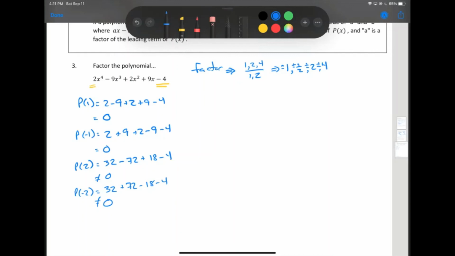Okay, and at this point, I'm going to say we've tried a few of them. We could try the half, we could try the 4, but I'd say we just start getting into long division. It's not going to be that bad for this one. So let's do the long division for the x minus 1.